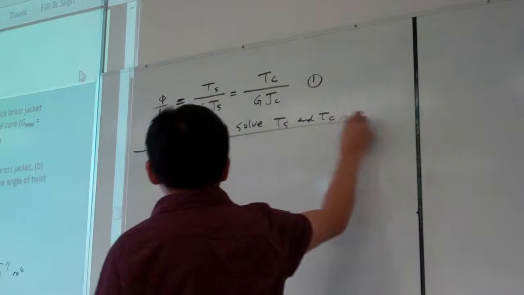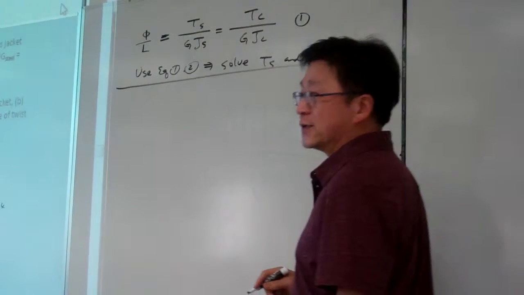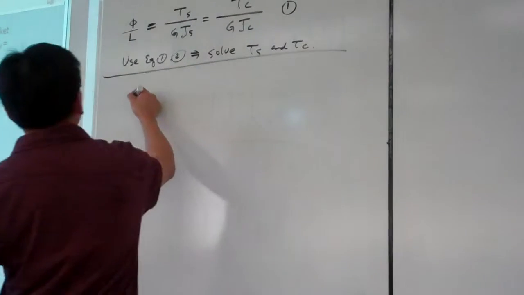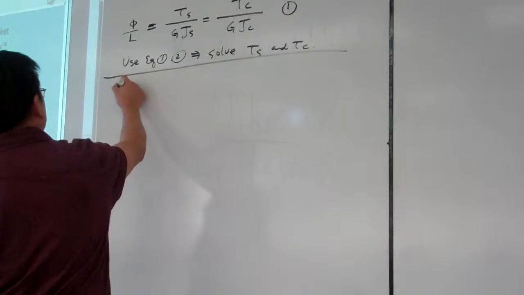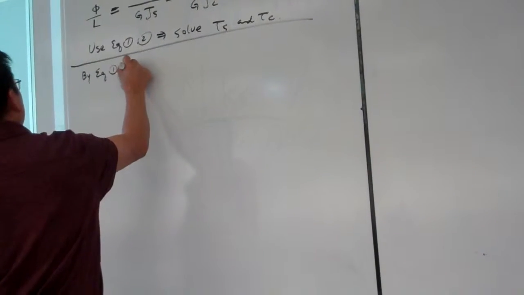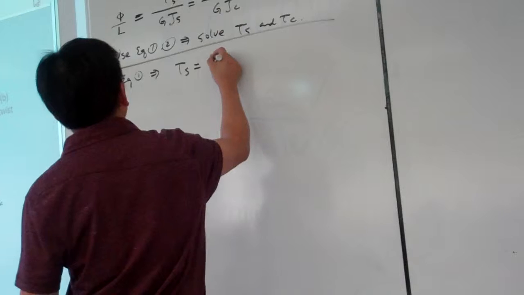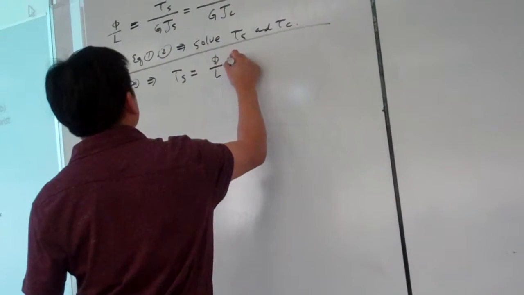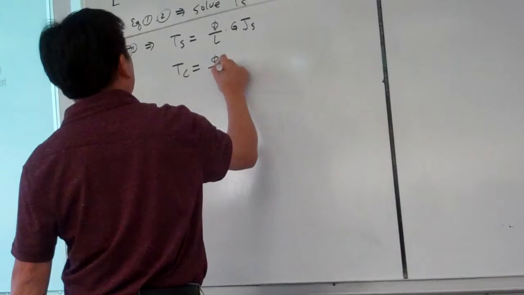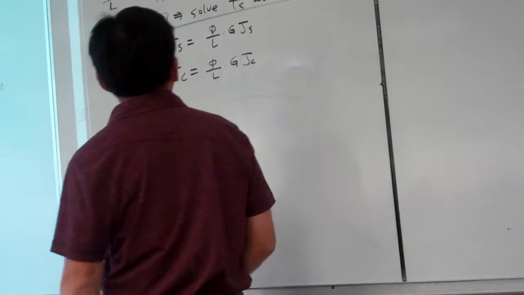And here I want to show you a different way to do it, and maybe you can save a little bit of calculation rigors. By equation 1, we can obtain TS equal to phi over L times GJS, and TC equal to phi over L times GJC.